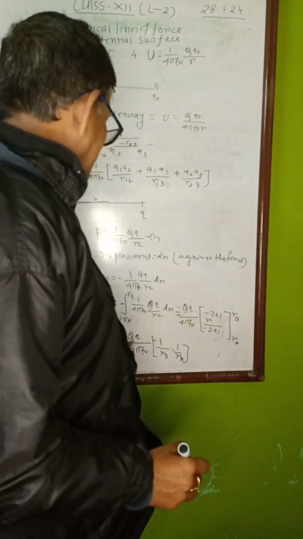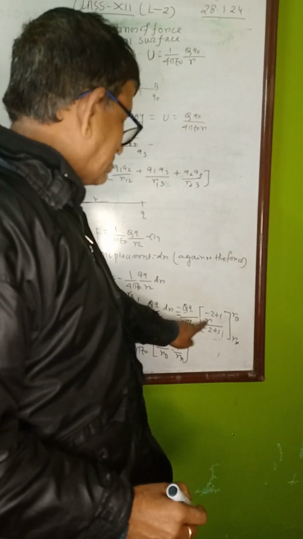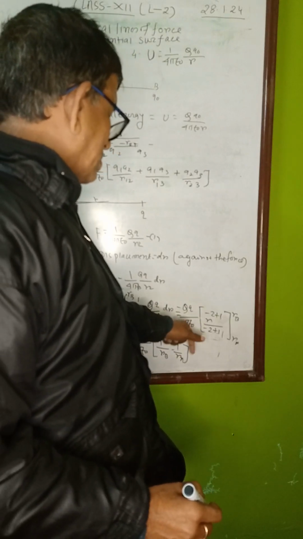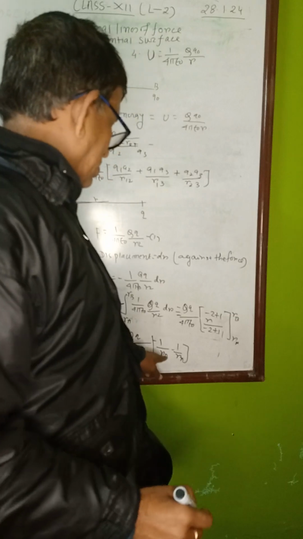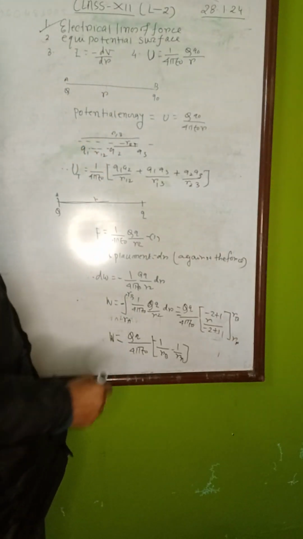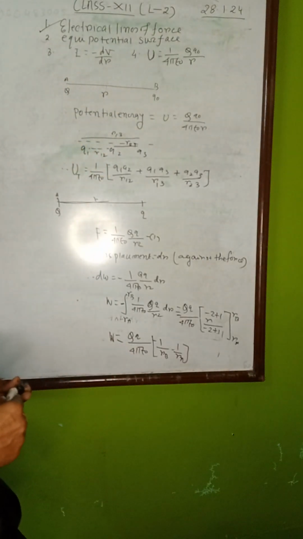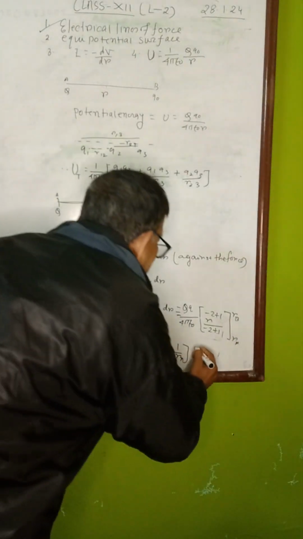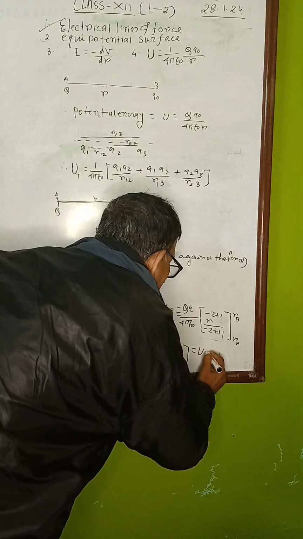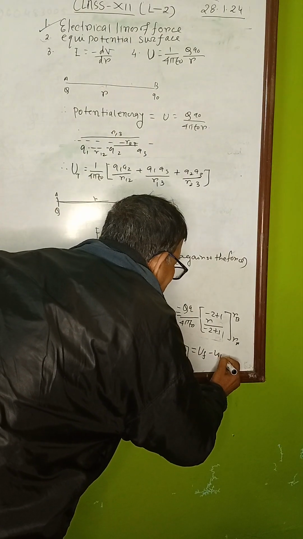This minus and this minus will get plus. What is this? This is the final potential energy minus initial potential energy.